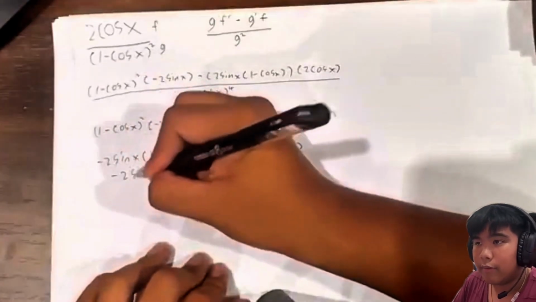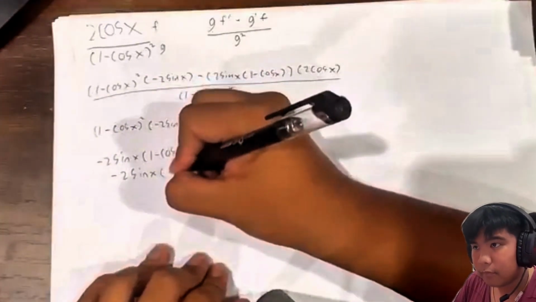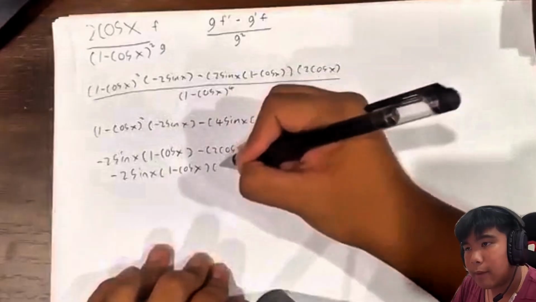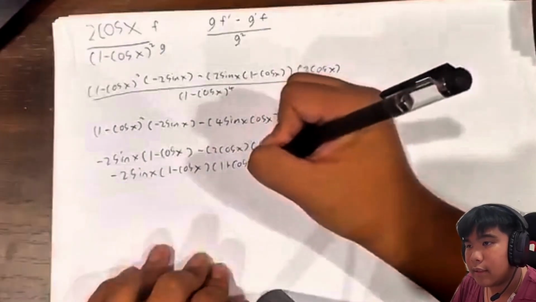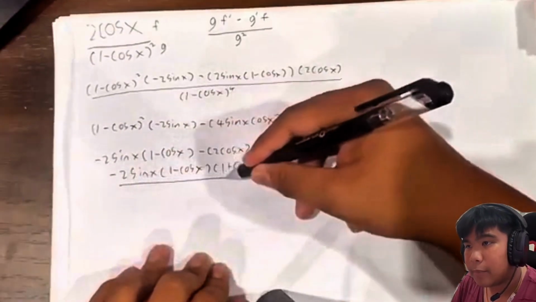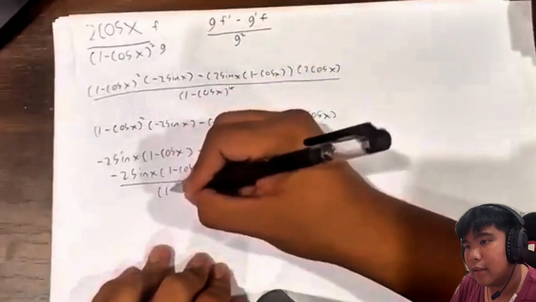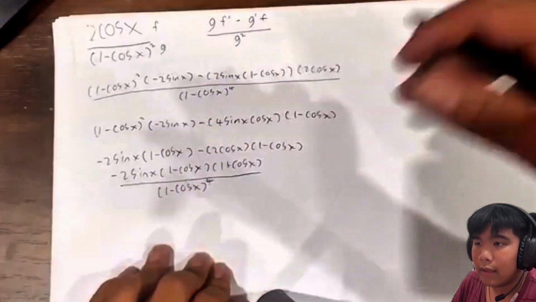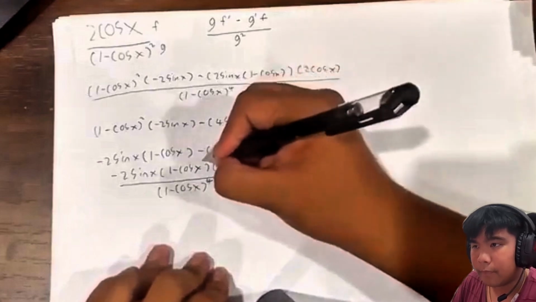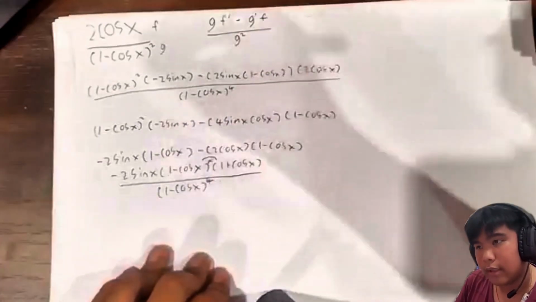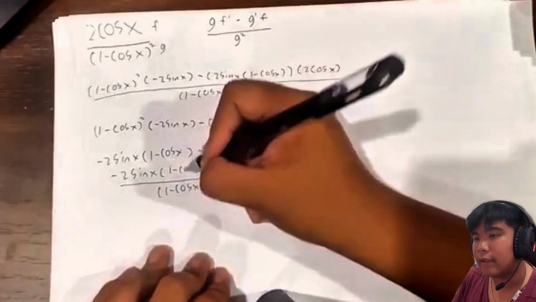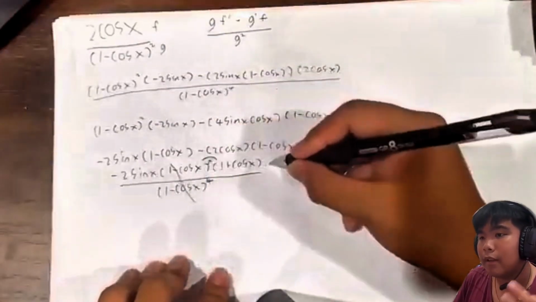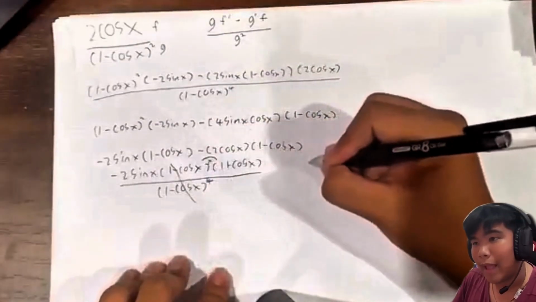So we're going to rewrite that again, but this time differently. So negative 2 sine x times 1 minus cosine x, then times 1 plus cosine x, all over 1 minus cosine x to the power of 4. 1 minus cosine times 1 plus cosine will become sine 2x.